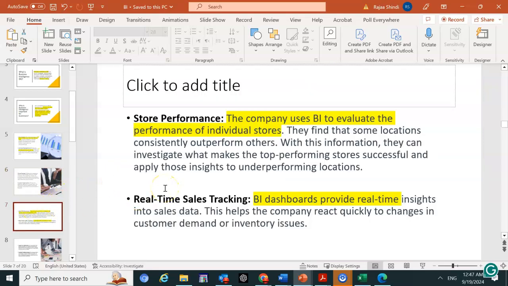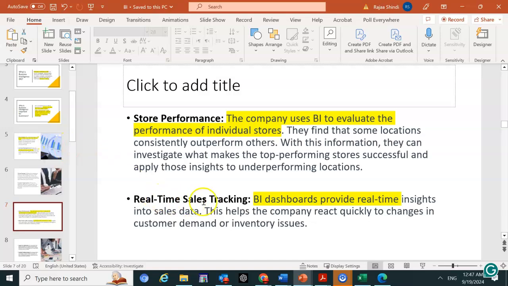It can go further, to store performance. In this case, the retail company has multiple chains and wants to evaluate individual stores, and that can happen using BI to create an analysis to evaluate the performance of individual stores.